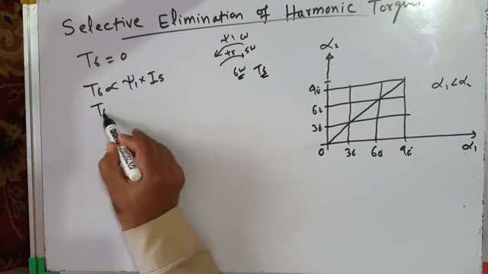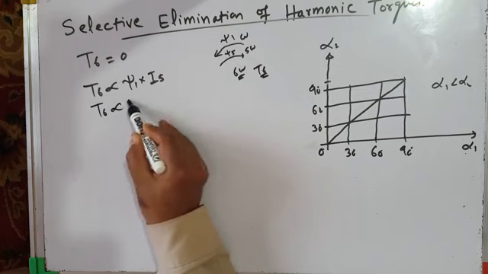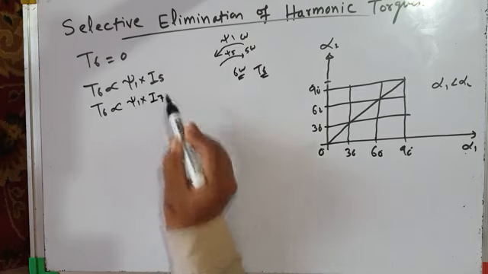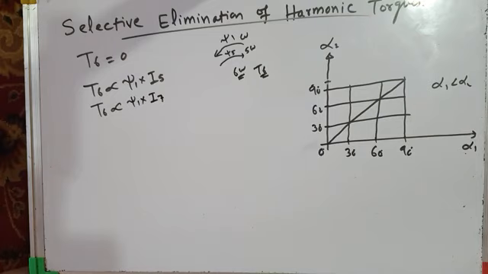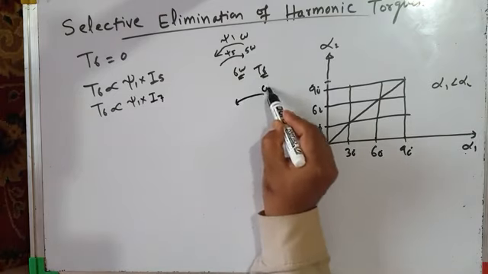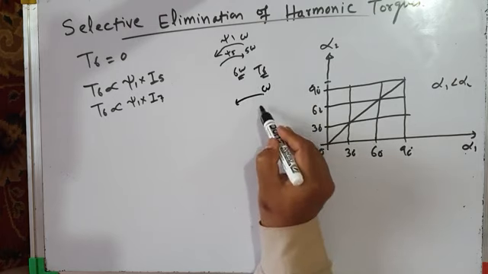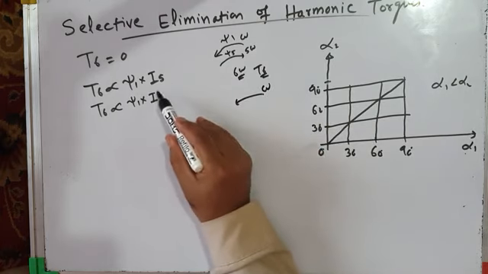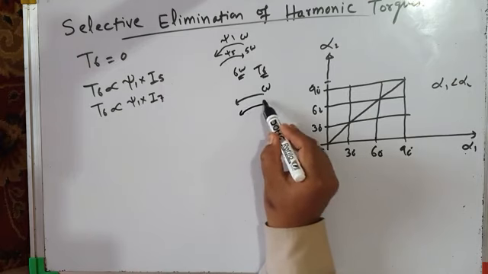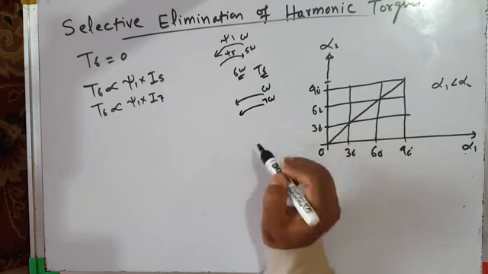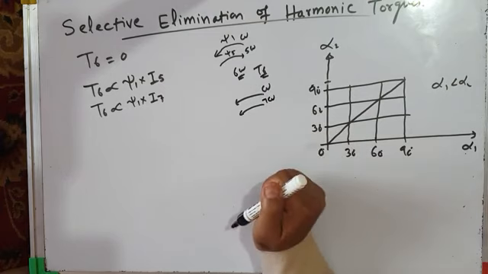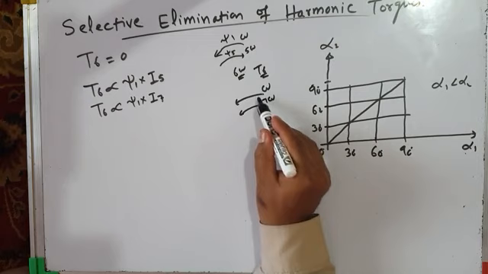We also know that sixth harmonic torque is also produced by the interaction of fundamental flux and the seventh harmonic component of current. Now the fundamental flux is rotating in the counterclockwise direction at a speed of omega. The seventh harmonic current in the rotor gives rise to a seventh harmonic revolving magnetic field, rotating at a speed of 7 omega in the same direction as the fundamental flux, because the phase sequence remains the same. So what is the relative speed between the two?